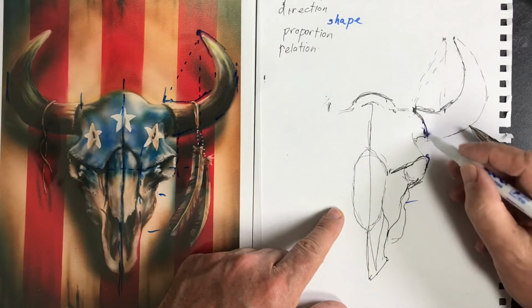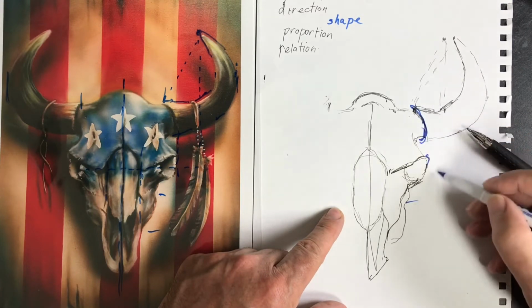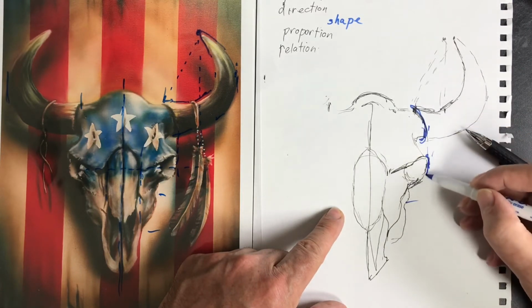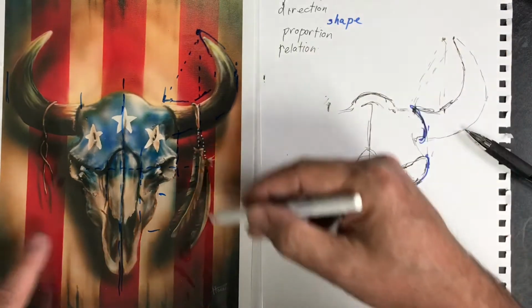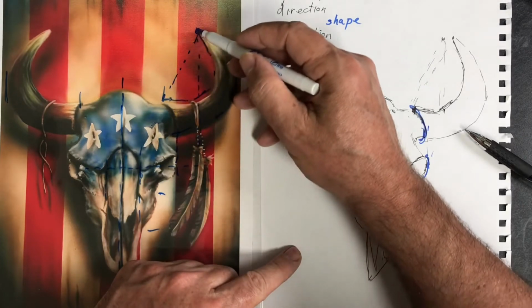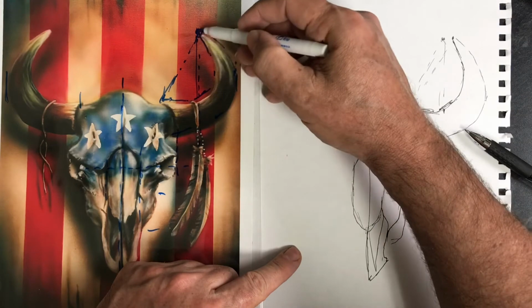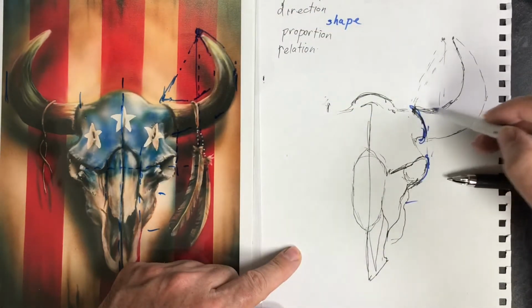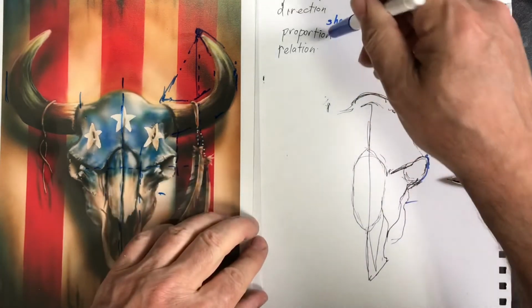So if this is the proper position of this, then the eye can actually be slightly out further. So those are what I call relations. Where does one part relate to another? That's sort of why I showed these. Where and how does the position of this relate to these other parts? Does that make sense? So I really believe these are the three magic words.